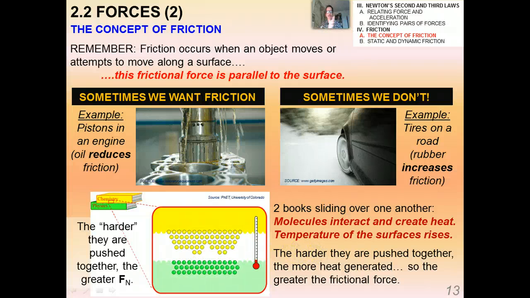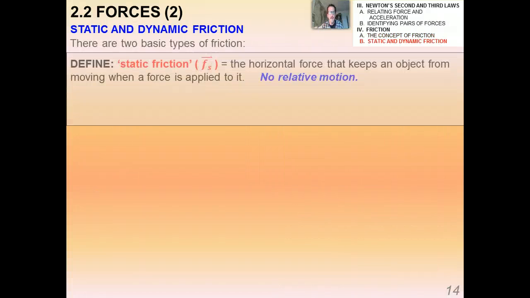If you rub your hands together, but push them together really, really hard, your hands will actually feel like they're getting hotter, okay? The harder they're pushed, the greater the normal force between those two surfaces. So it must be that the frictional force is somehow proportional to the normal force, okay? And we're going to talk about that, all right?